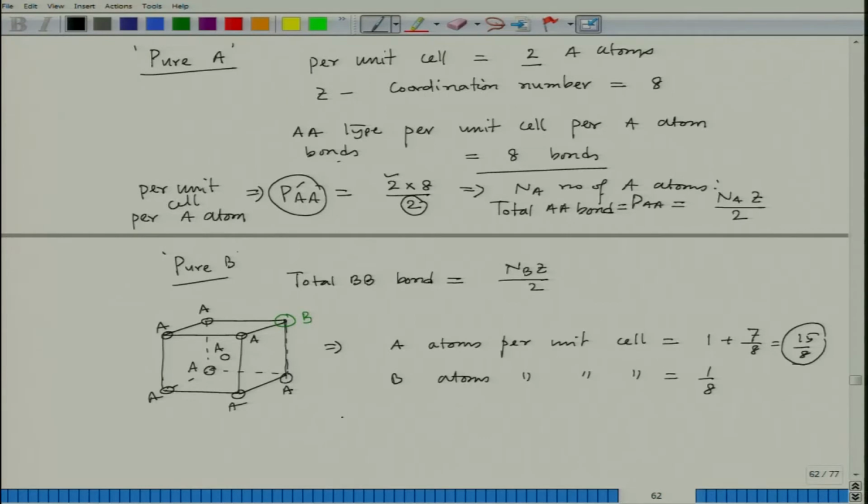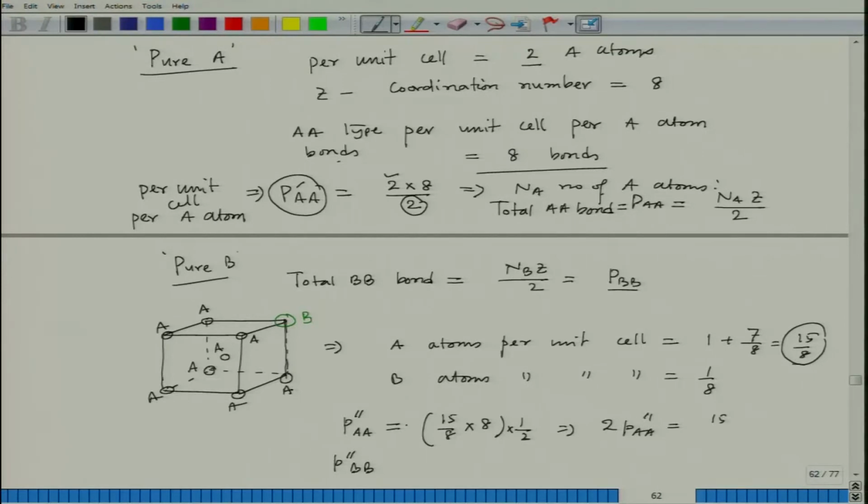Now, if I consider this 15/8 as forming pure AA bonds, P''AA would be 15/8 into 8 divided by 2, so it would be 15. And P''BB, I just forgot to mention this one, would be PBB.